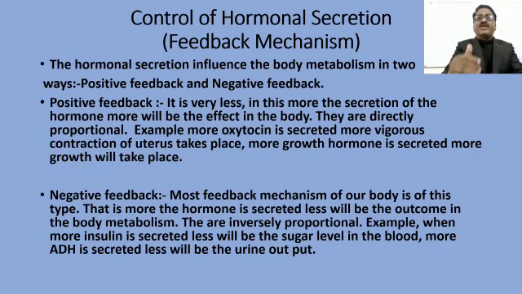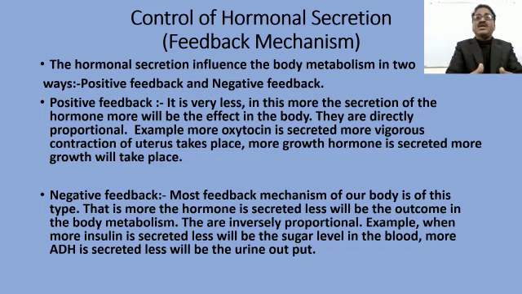Another is negative feedback. Most of the feedback mechanisms in our body are of the negative feedback type. In this case, the more the hormone is secreted, the less will be the outcome in the body metabolism. They are inversely proportional. That means suppose one hormone is secreted more, and its result in the body will reduce the metabolic activities.